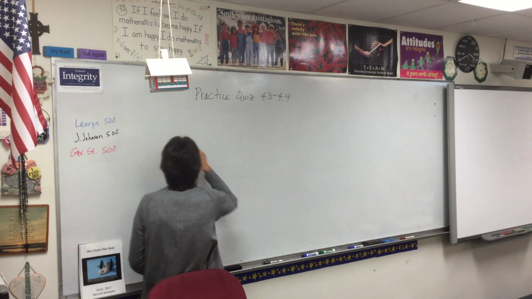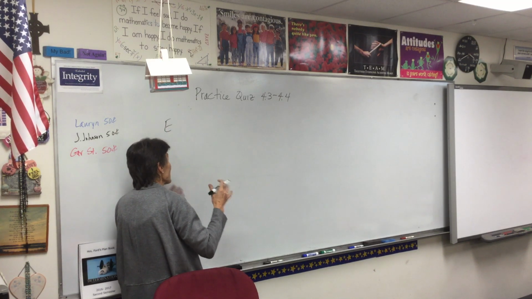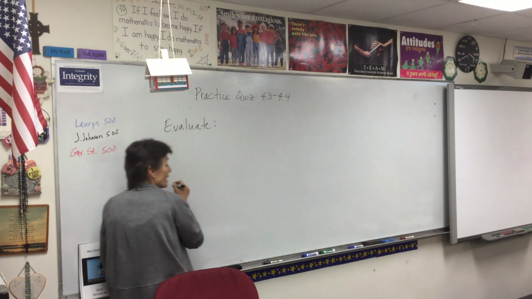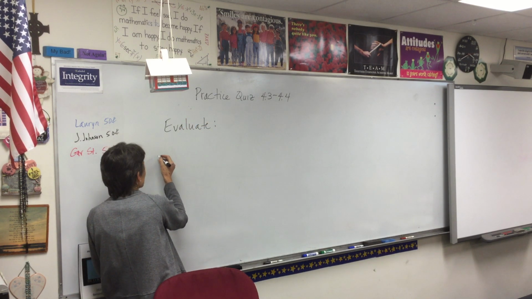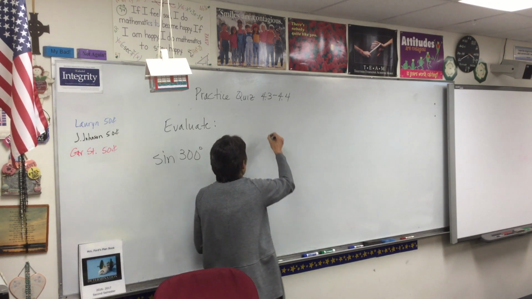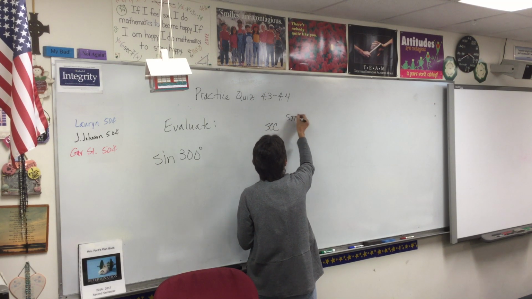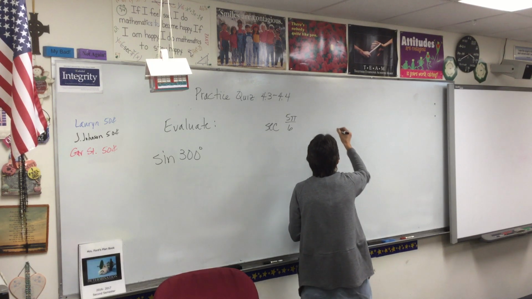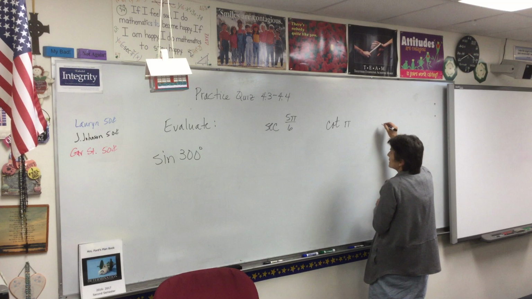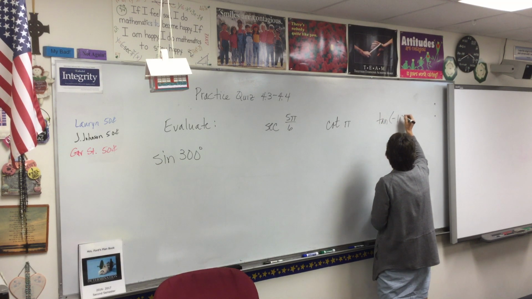All right, and the first part of the quiz, well, you know how I have to mix things up because they're different quizzes. The A part of the quiz is going to say evaluate. And it's going to have problems on it like this. Sine 300, secant 5 pi over 6, cotangent pi, and tangent negative 135.